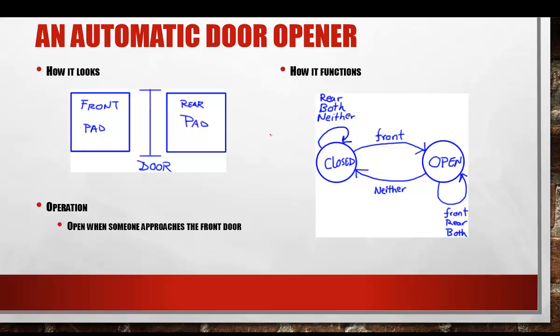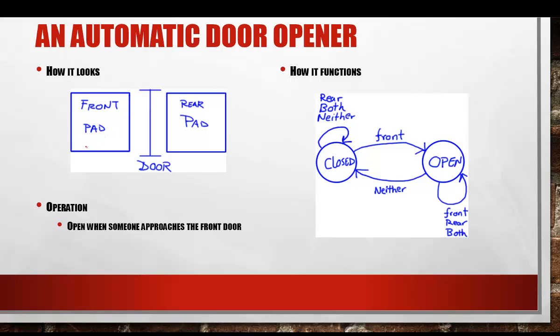The way that this machine works is that it will process 4 different kinds of inputs. Since the rear pad and front pad are binary sensors, there either is something at the front door or there isn't.